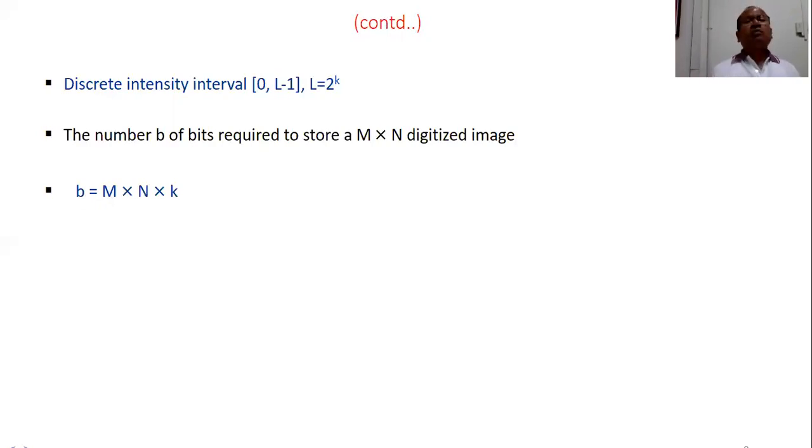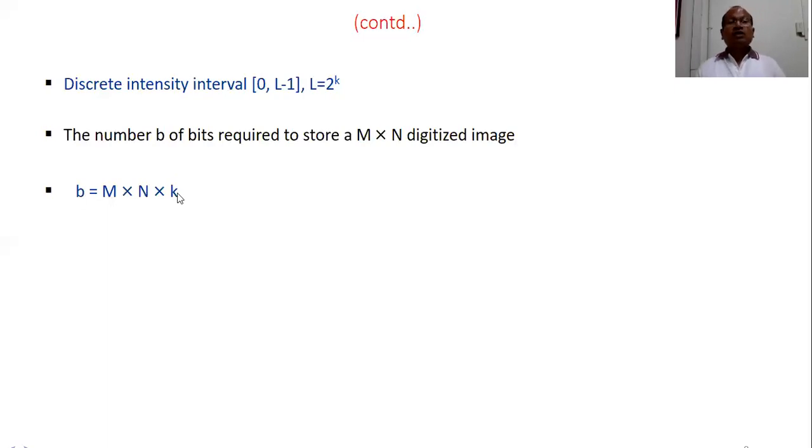So how many bits will be required to store an image? That is M cross N cross k. Say capital M and capital N will have some values, and we multiply them. Suppose M is 1024 and capital N is 1024, right?